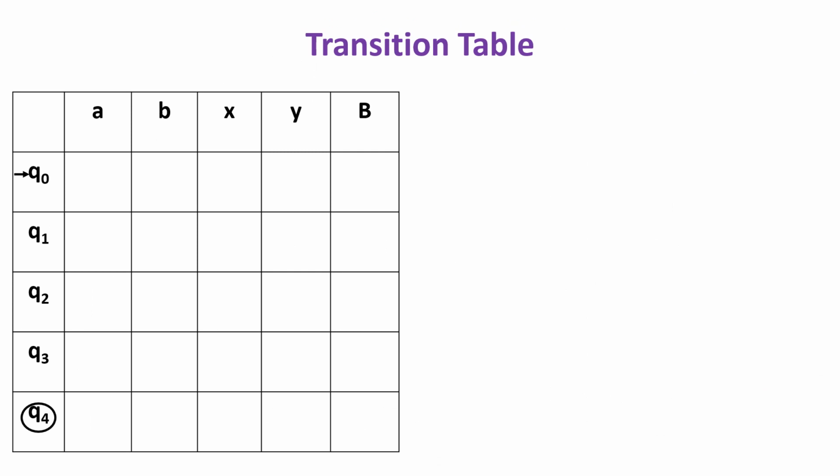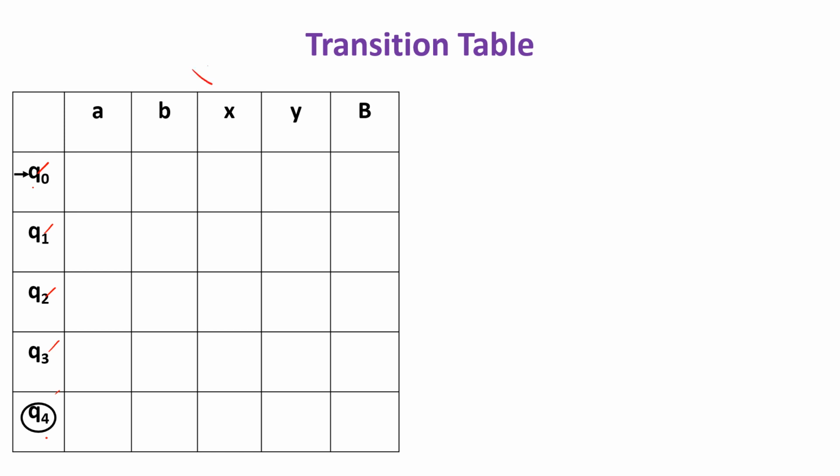Once we have written the delta transitions and transition diagram, the same can also be represented in the form of a transition table. So let us see how to represent the transition table for this particular language. In this language, we have come across 5 states, Q0, Q1, Q2, Q3, Q4, where Q0 is the initial state and Q4 is the final state.